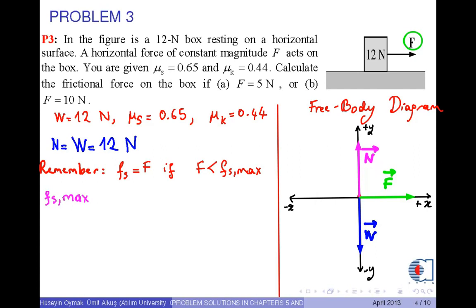Maximum value of the static frictional force is found by the formula Fs max equals μs times N. If we put the values of the corresponding quantities into this formula, we get 0.65 times 12, which results in 7.80 newtons.